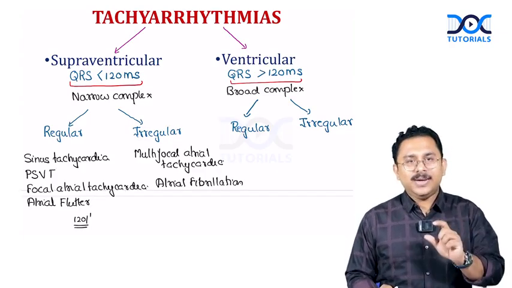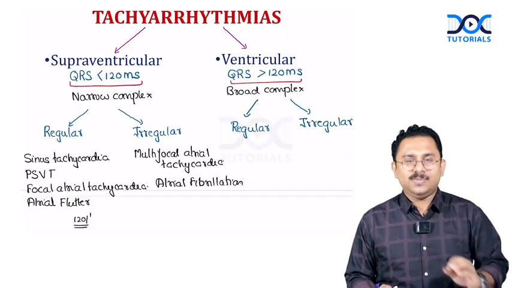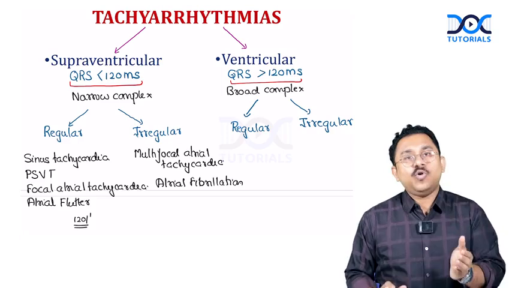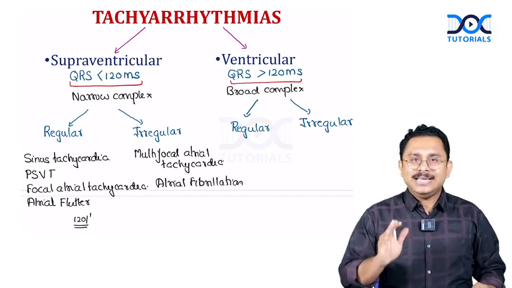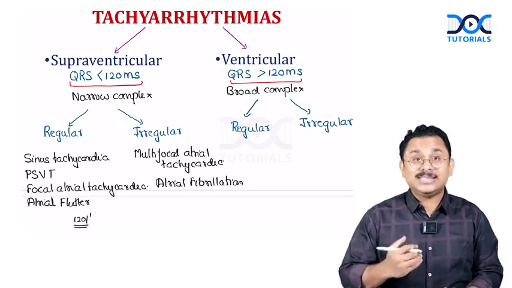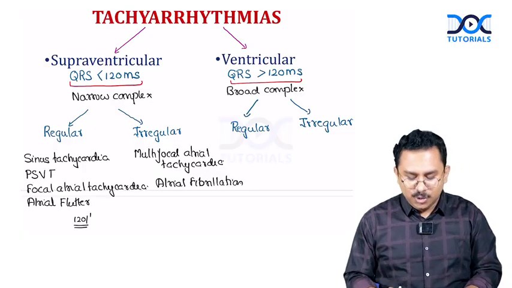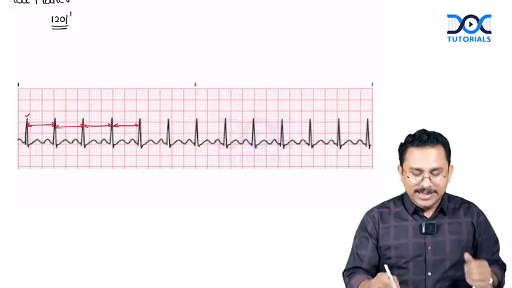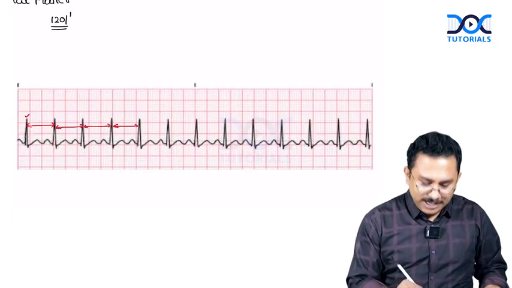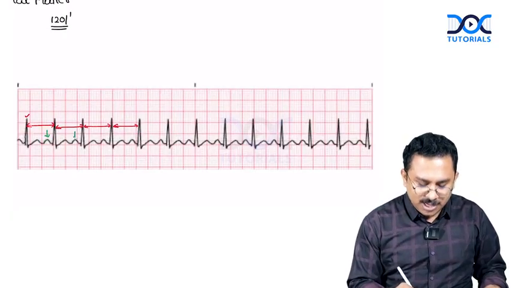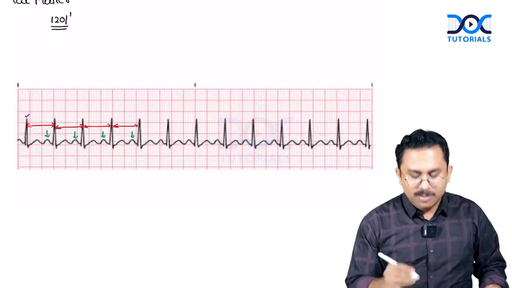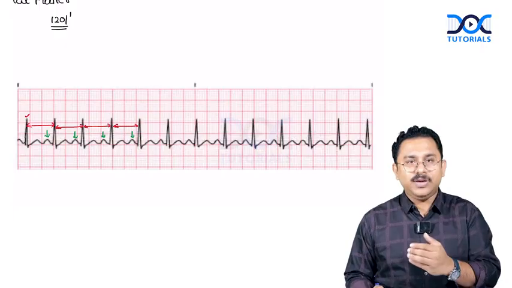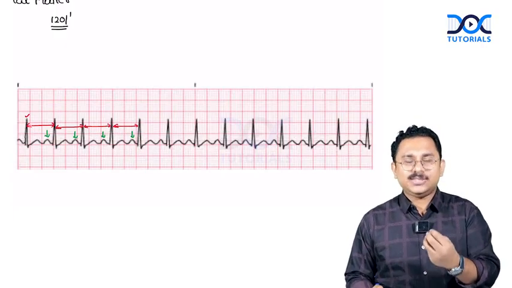If you get a narrow complex regular tachyarrhythmia with a normal morphology P wave followed by a QRS complex, then you are dealing with a sinus tachycardia. Look at this: for each of the QRS, you can see preceding it there is a P wave, and all these P waves are of normal morphology.